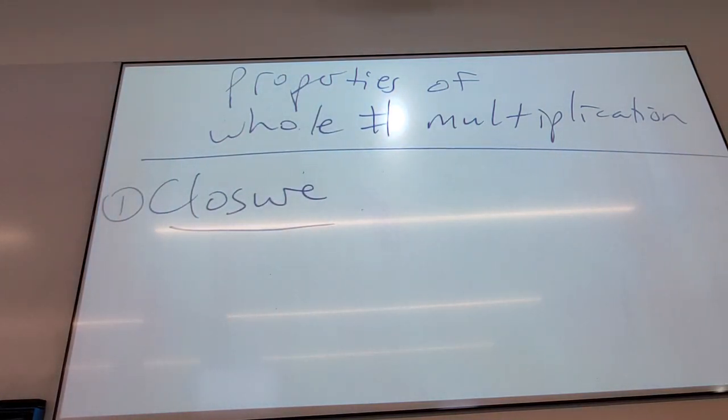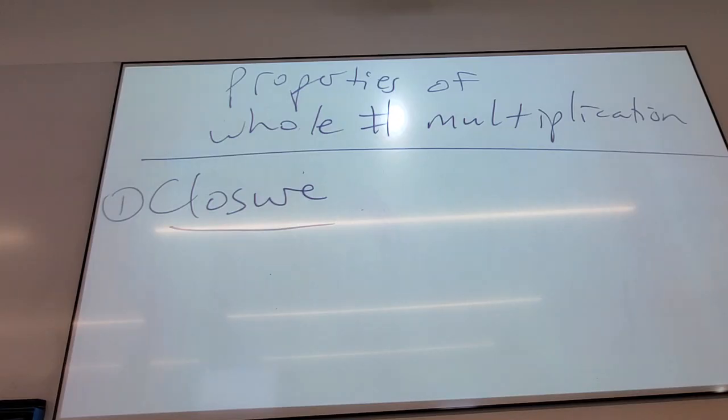Which means the product is a whole number. Exactly. Whatever set I start with, the results better still be in that set. So I like the idea of closed. It's closed under multiplication as long as you can stay in the same room. So if this is the room with whole numbers, when I multiply two whole numbers, my answer is going to be in the room. It's in the room with us. You guys kind of with me? Okay.